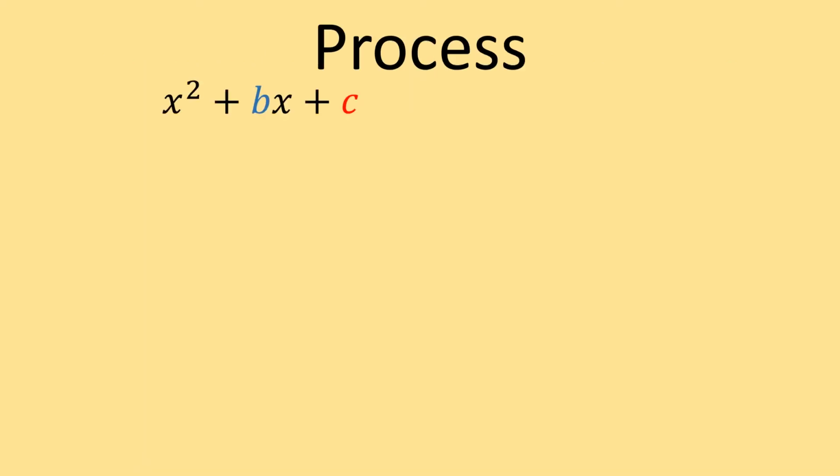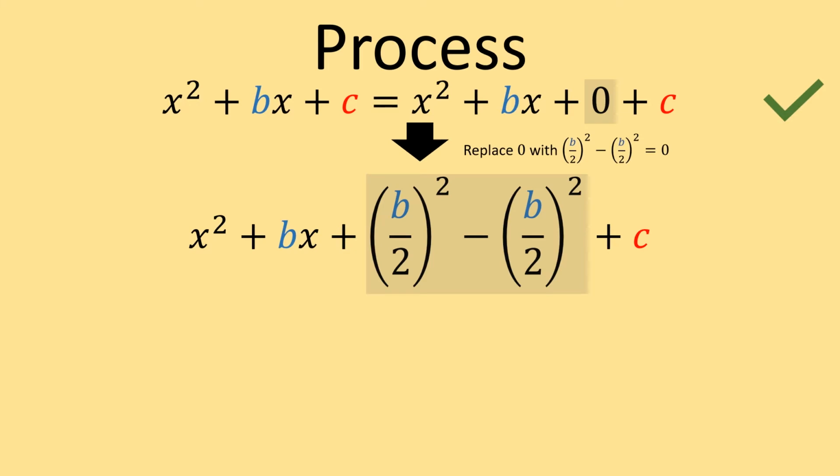So here I have my quadratic in standard form. And the first step we're going to do is essentially add a form of 0. In other words, if I were to add 0 to this quadratic expression, I would have the exact same thing. And another way of adding 0 is adding and subtracting a particular value. In this case, we're going to add and subtract b over 2 squared.